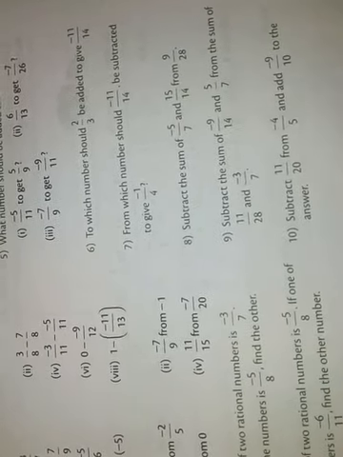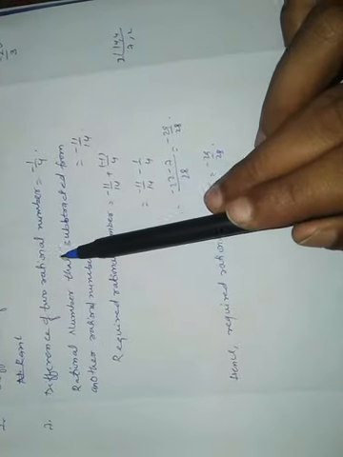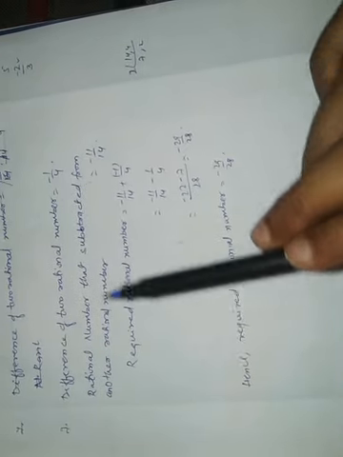What is the answer? Obviously 5. So whenever you are not able to understand the question, you put simple numbers and then you get the answer. So here in question 7, the difference of two rational numbers is minus 1 by 4.